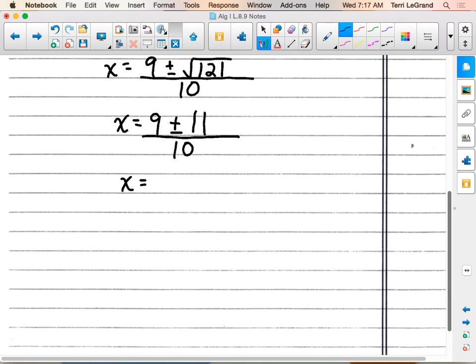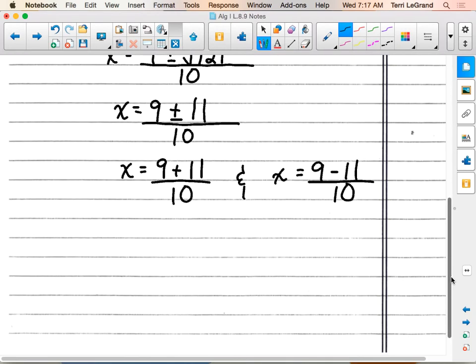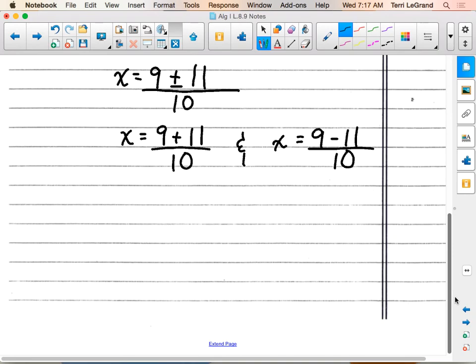So we are going to add 11 to the 9 and we are going to subtract 11 from the 9. So in our first one, we have x equals 9 plus 11, 20, divided by 10. That is 2.